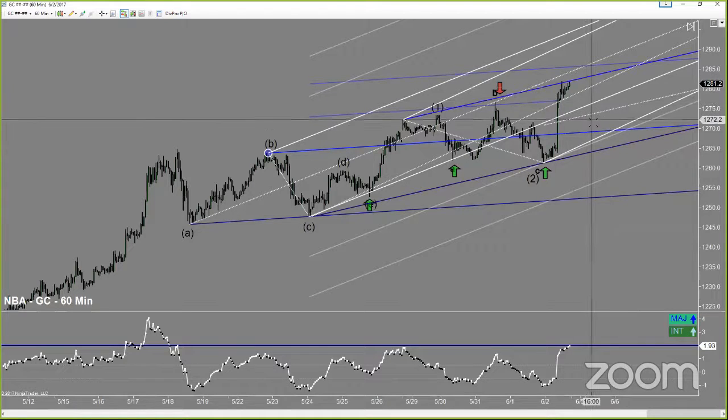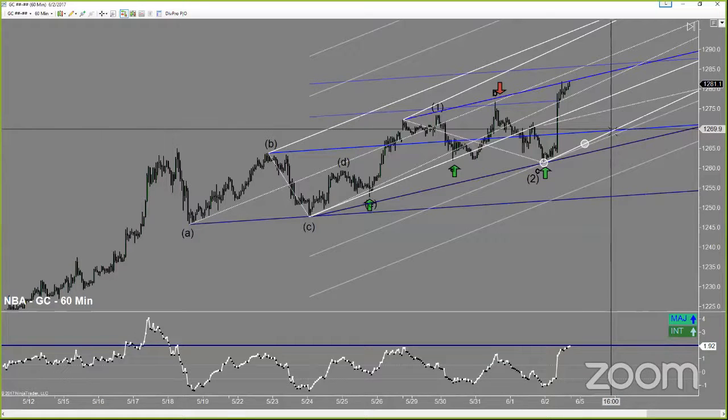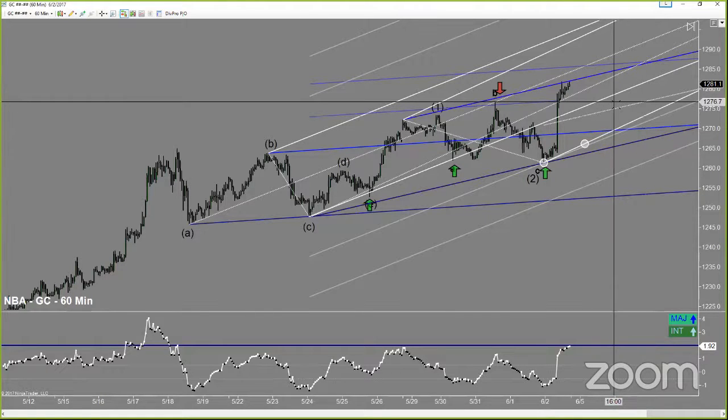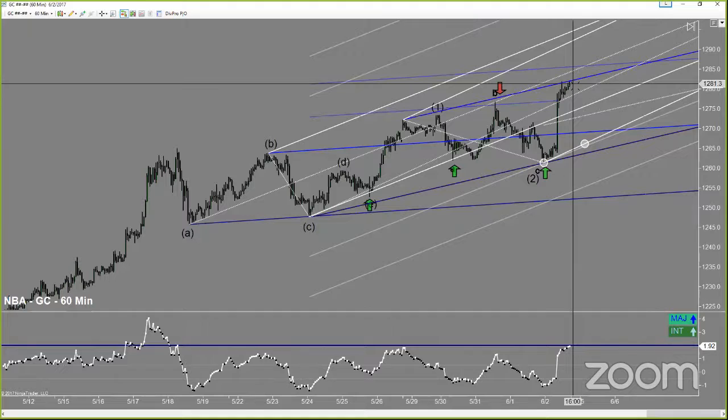If we do indeed retrace, that would be a nice spot here, which coincides with that channel line and the upsloping lower median line here, this white one. So that's around 70, 69.5. So yeah, basically looking for pullbacks to get long is what we're looking for.